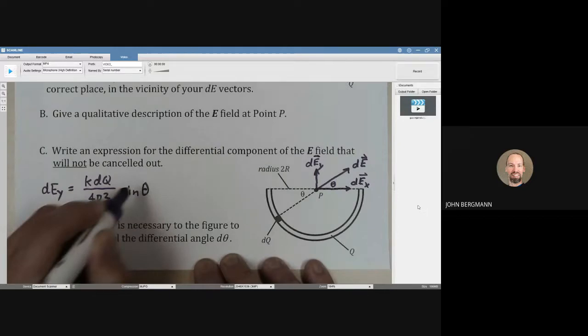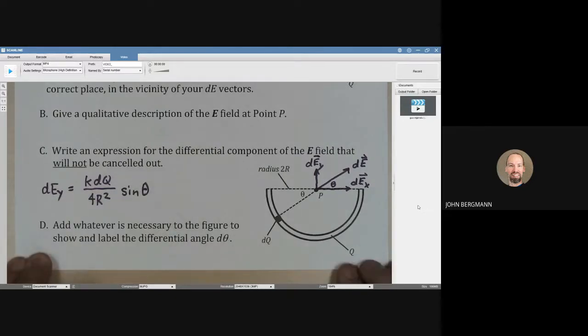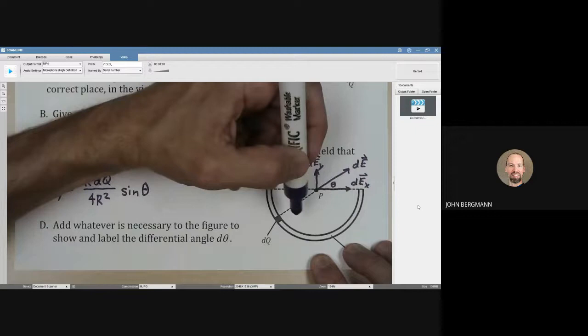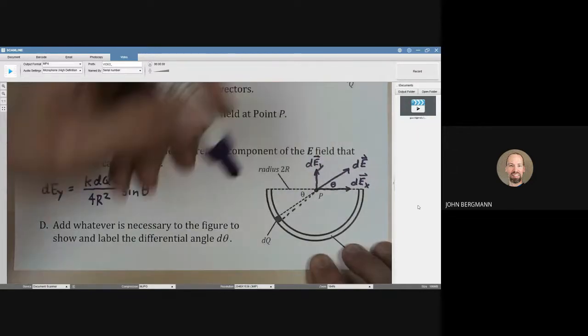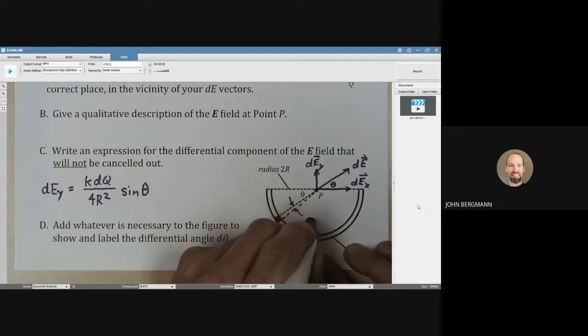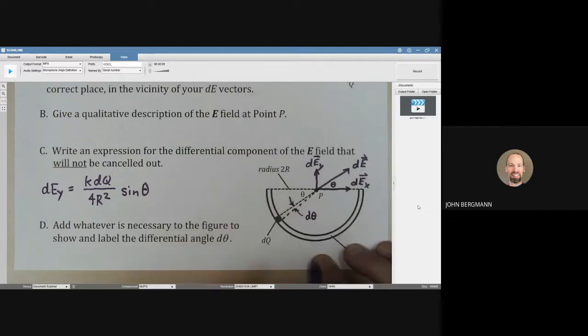sine of theta. Now, let's add whatever is necessary to this figure to show and label the differential angle d theta. What we need to do is d theta is a tiny little angle right in here. I'll show it in the middle, but show it wherever you want. That little angle right there is a tiny little angle that exists right in there. So there's d theta.